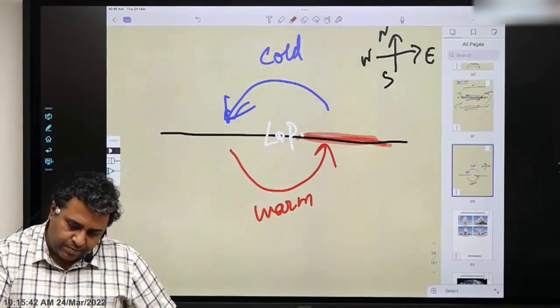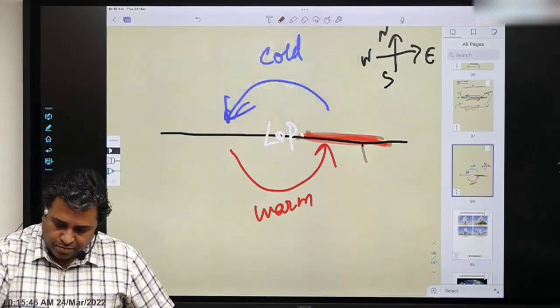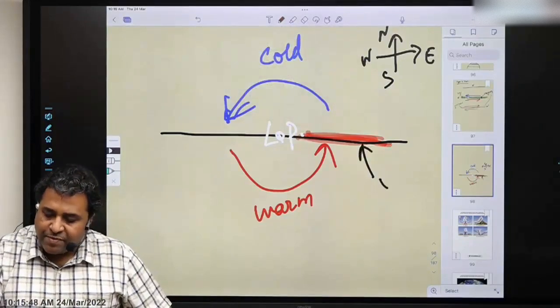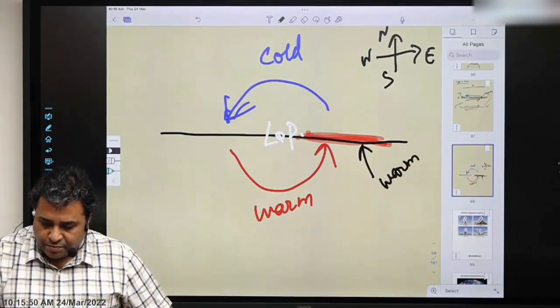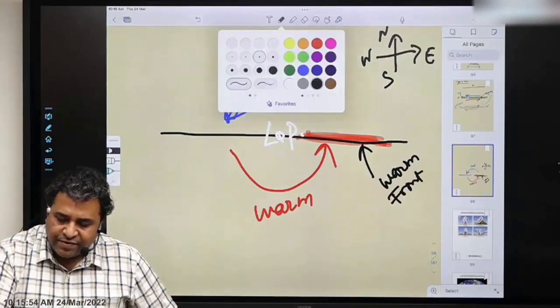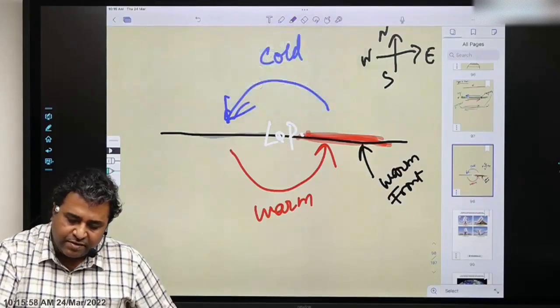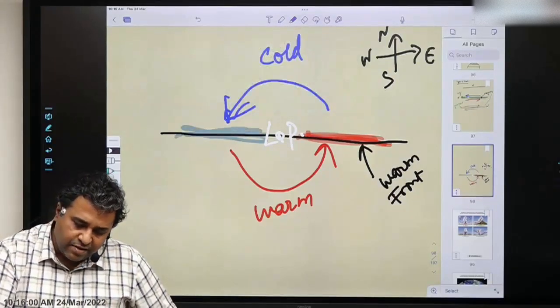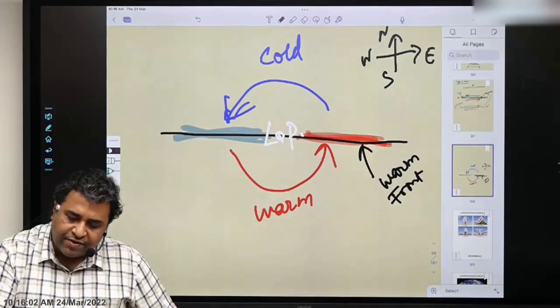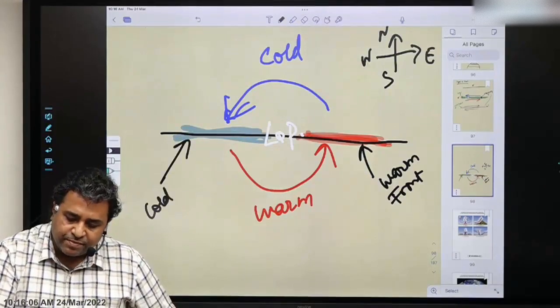This one. So this one we start calling as warm front. Why? Because the warm air mass is pushing. And the other front, where the cold air mass is pushing, that we start calling as, ये वाला is called as cold front. Why? Because the cold air mass is pushing.